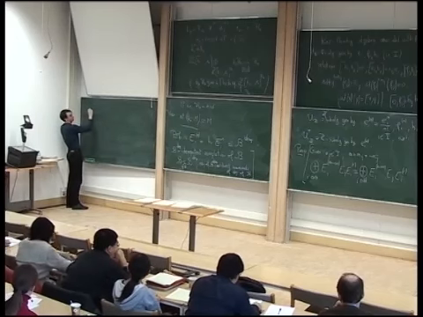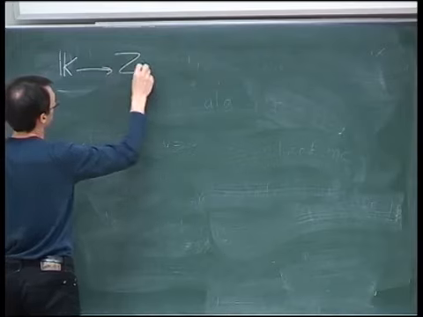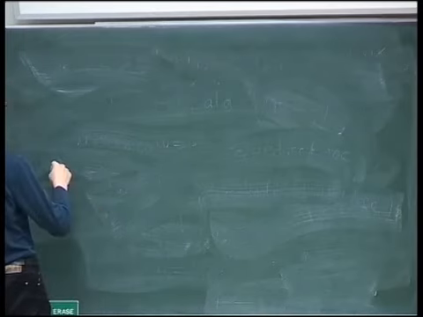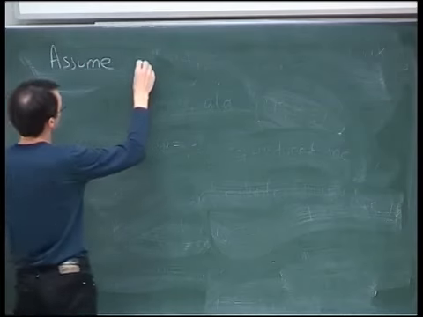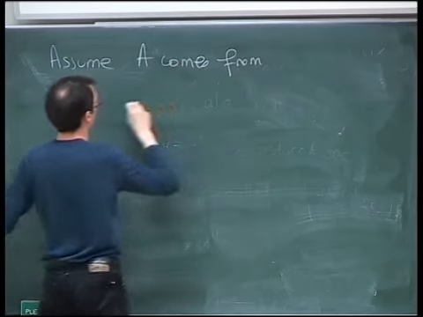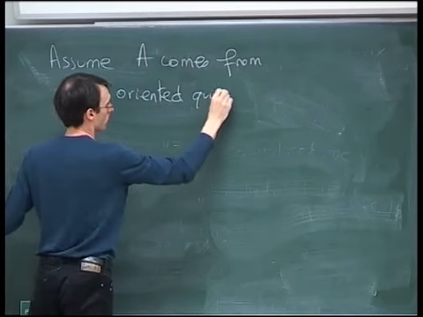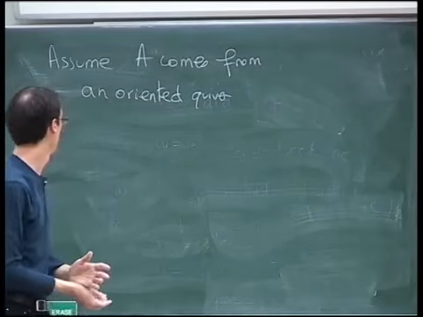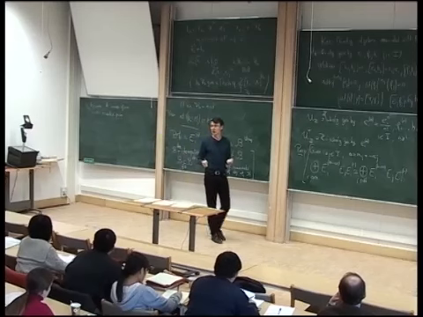So if you specialize, okay, let me first say that if you assume that A comes from an oriented quiver, so that means the set I, you start with a graph with the vertex set, the set I, and you put Mij edges between i and j when i is not equal to j.